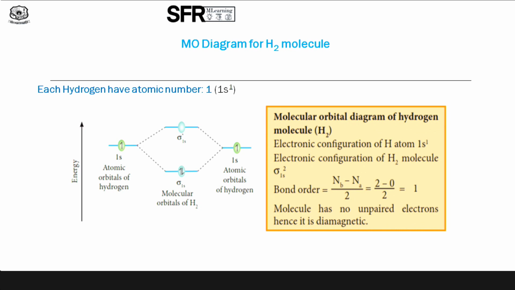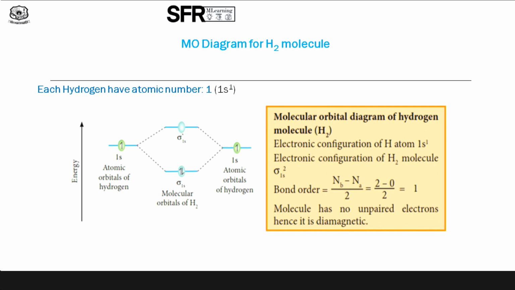When these combine to form the molecular orbital, the two electrons are present only in the bonding molecular orbital, based on the Aufbau principle and Pauli's exclusion principle. Only two electrons are available for the hydrogen molecule, so both are in the bonding molecular orbital.